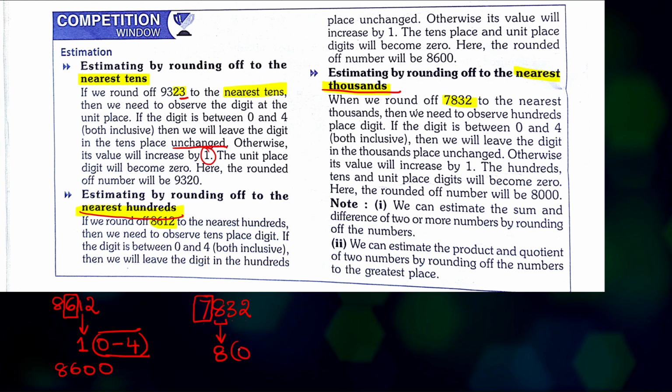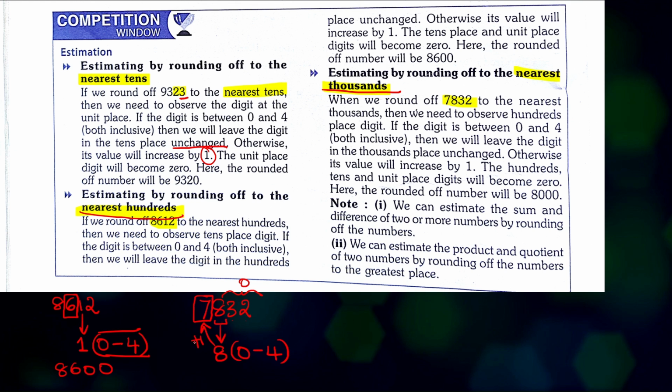So is this number in the range of 0 to 4, both inclusive? No, it is higher than 0 to 4. So what we do is add plus 1 to the thousands place, and the rest will become zeros. Our main aim is to round it off.